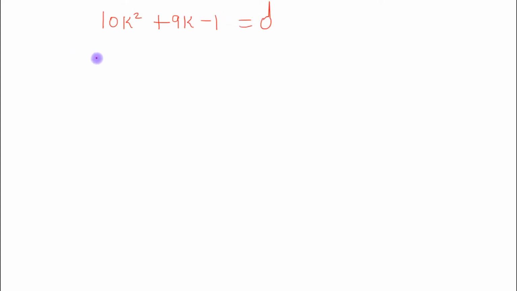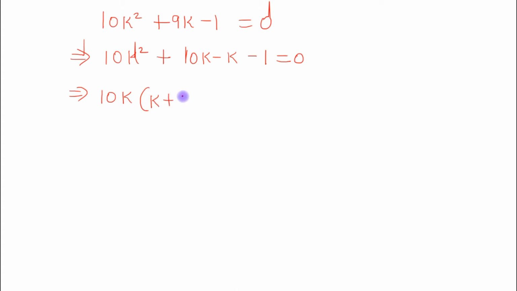We will solve this equation by splitting the middle term. So it will be 10k square plus 10k minus k minus 1 equals 0. In the next step we will take 10k common from the first two terms, and the term left in the bracket will be k plus 1.